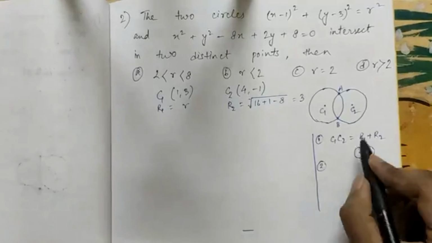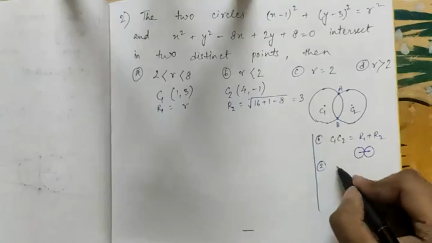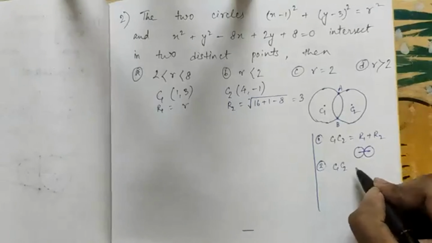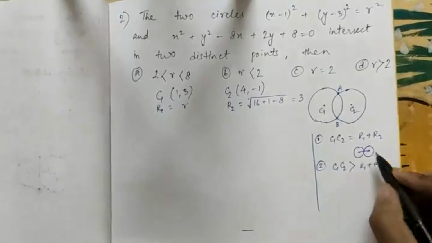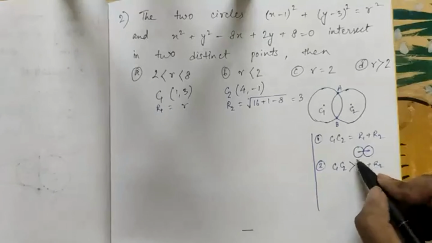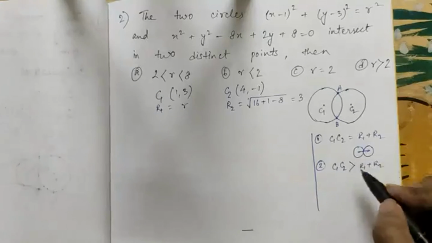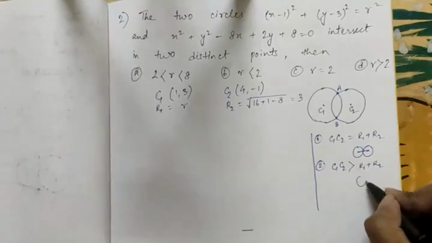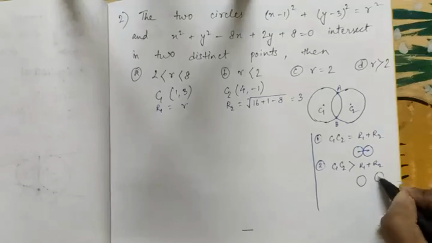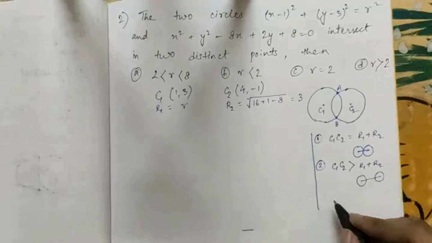In the second one, C1C2 is greater than R1 plus R2. That means the distance between the centers is greater than the sum of the radii, so the circles will be far apart.